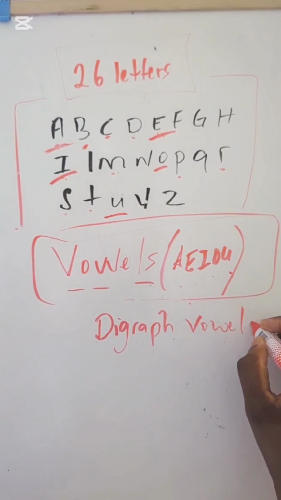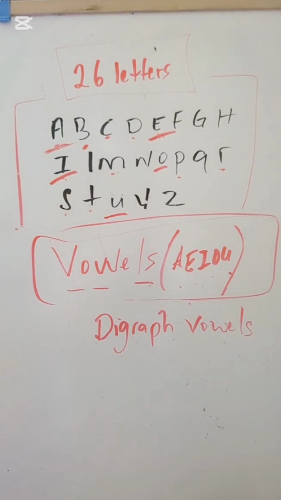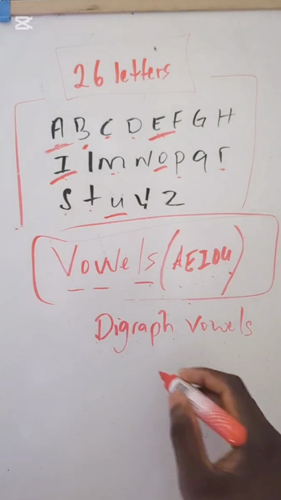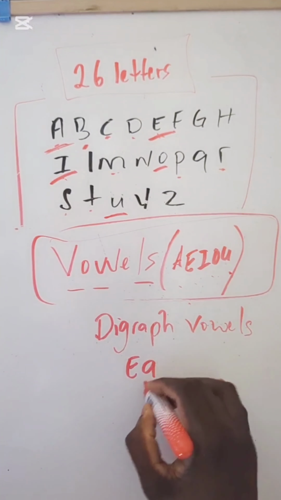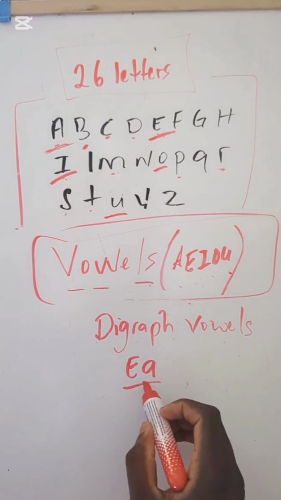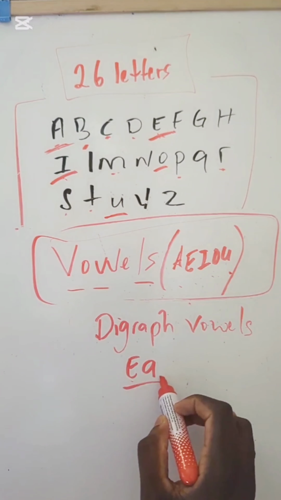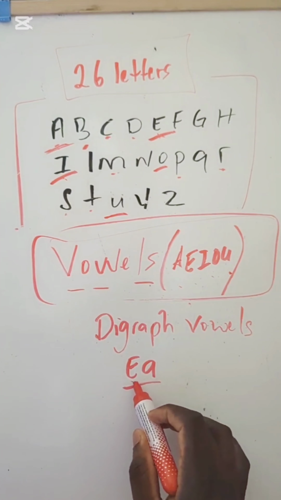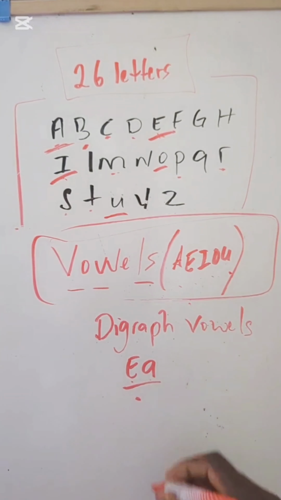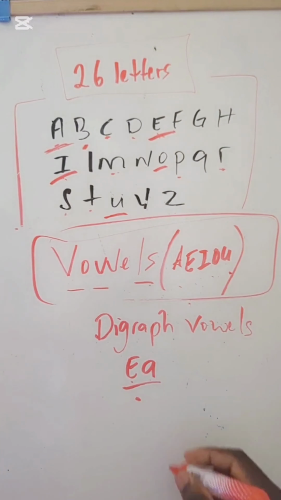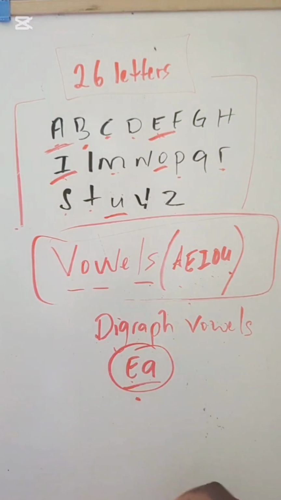Digraph vowels. This is another one. What this basically means is two vowels coming together. But instead of hearing E and A together, it only makes one sound. So in this case, it can say E, and this combination doesn't only make one sound.